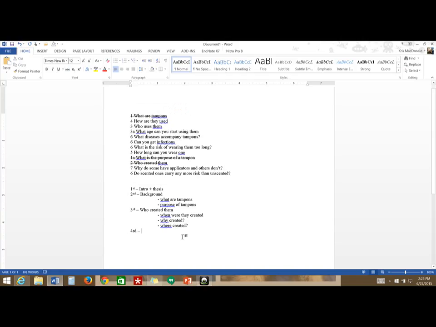So now I'm on to step 3, which is who uses them. What age can girls wear them? So that was these 2. This is the weirdest topic I've ever done, I think. So you can see how I'm doing this and keeping track of myself.